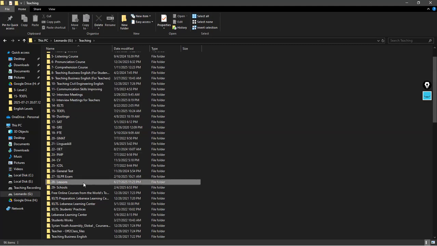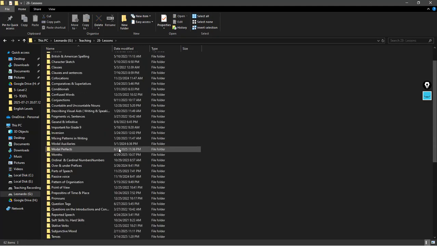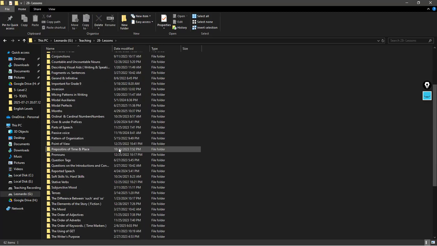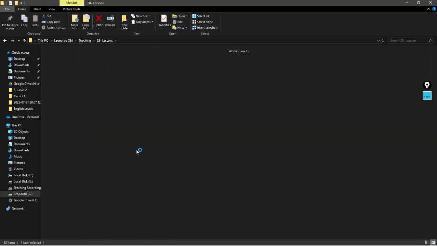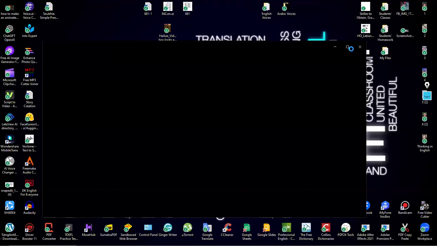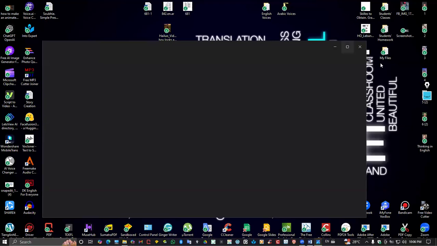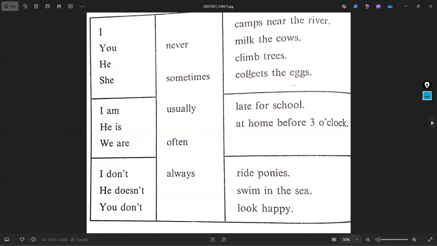Now I think it's time to tell you the correct place of using time markers. Please be careful because, as I said, there is a rule. I'm not free to use them as much as I can. Let me open this image and show you the rule and the exact and correct place of using keywords or time markers.